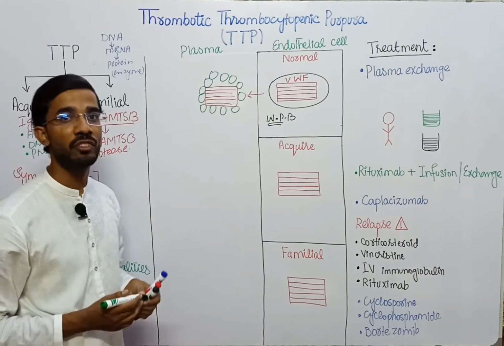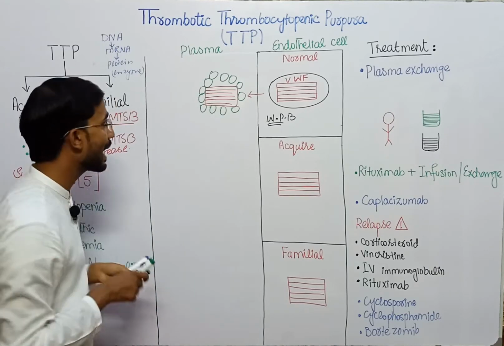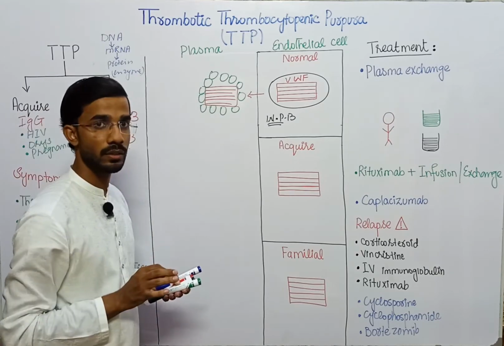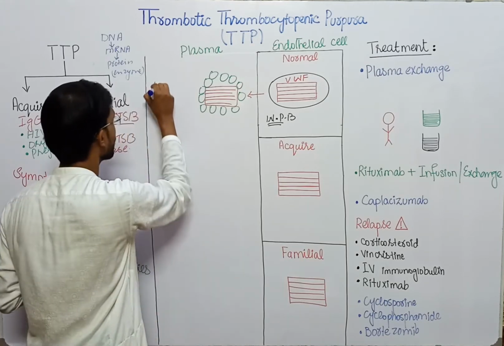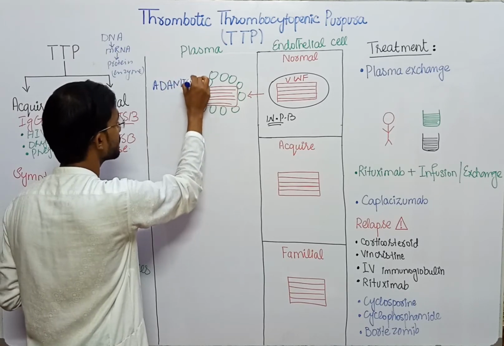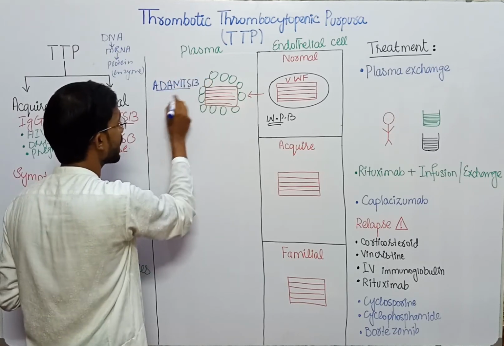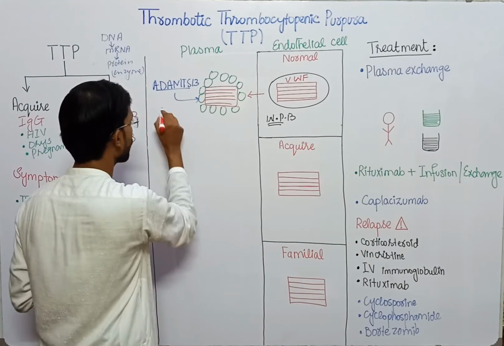Only when the von Willebrand factor is in multimeric form, and when it is not in use, an enzyme called ADAMTS13 protease breaks this von Willebrand factor into monomeric form.